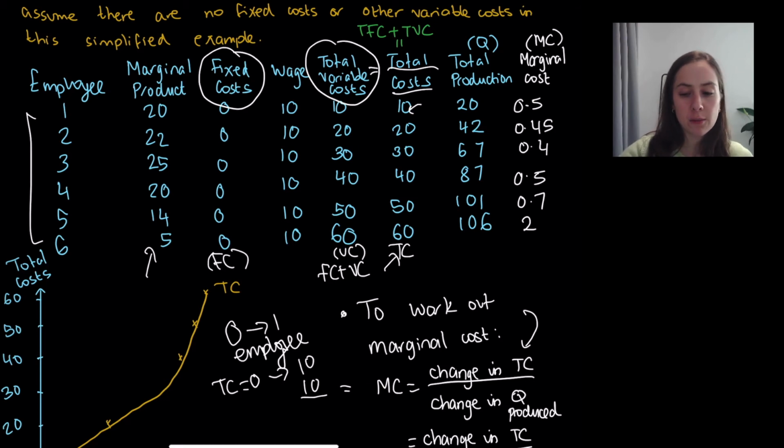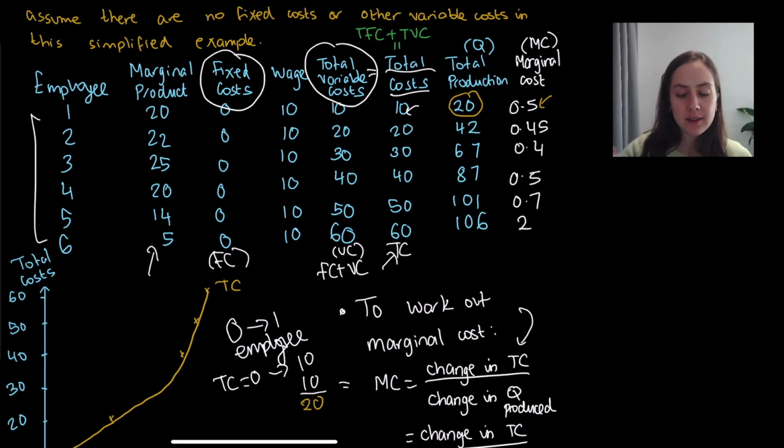And here I have a column that's been tracking the quantity produced. So the company had to spend 10, they're getting a change in the cost of 10, and their change in pieces produced is 20. So 10 divided by 20 becomes 0.5, and that's how I've got that one.